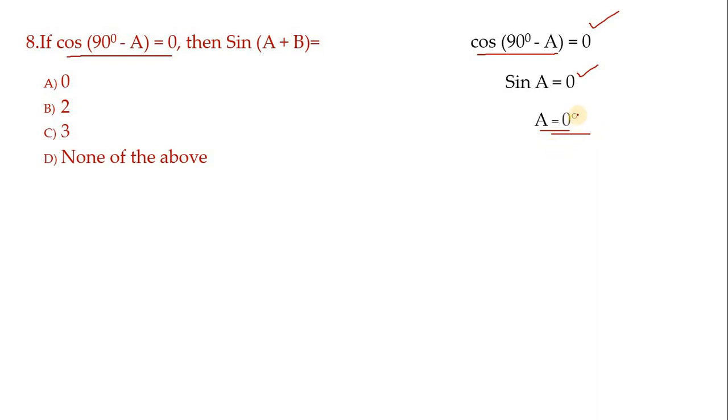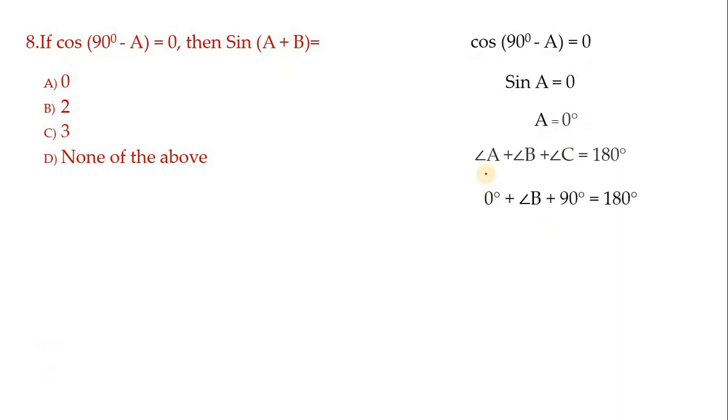Next, in the right angle triangle, the A value is now 0 degree. Next, find B. C will automatically be 90 degree because trigonometry is related to the right angle triangle itself. Here we have found angle A, and A and B are actually complementary angles. So C should be 90 degree.